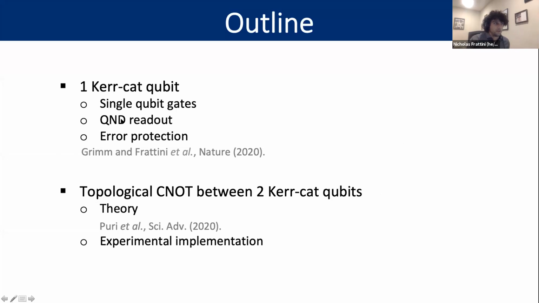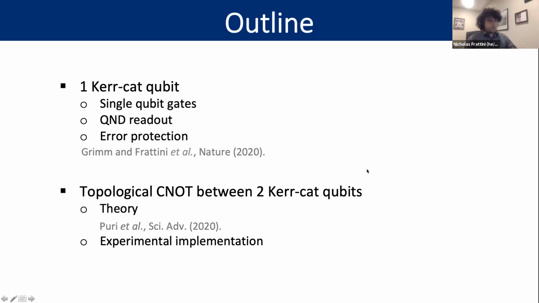And of course, everything there was with Alex Grimm. And then I'm going to hopefully convince you, looking at the theory of this topological CNOT between two Kerr-Cats, that it's experimentally something that we can do and are excited to give a shot.